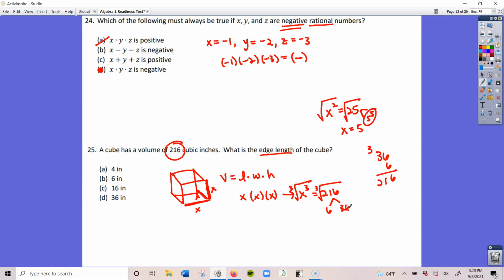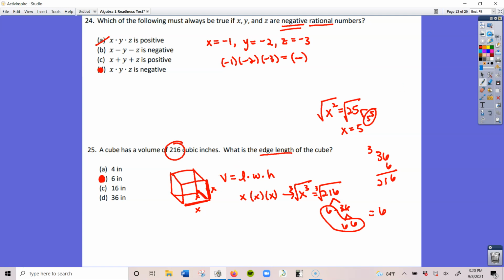But these are not the same number, so we have to break them down again. 36 is 6 times 6. These are my three identical numbers. So the cube root of 216 is equal to 6. So that is the edge length. This is an edge. So that's going to equal 6.